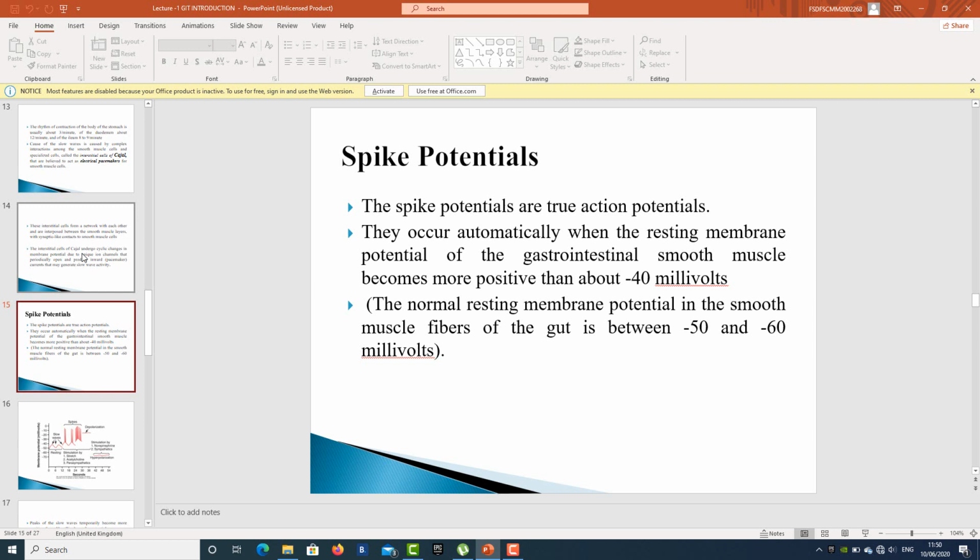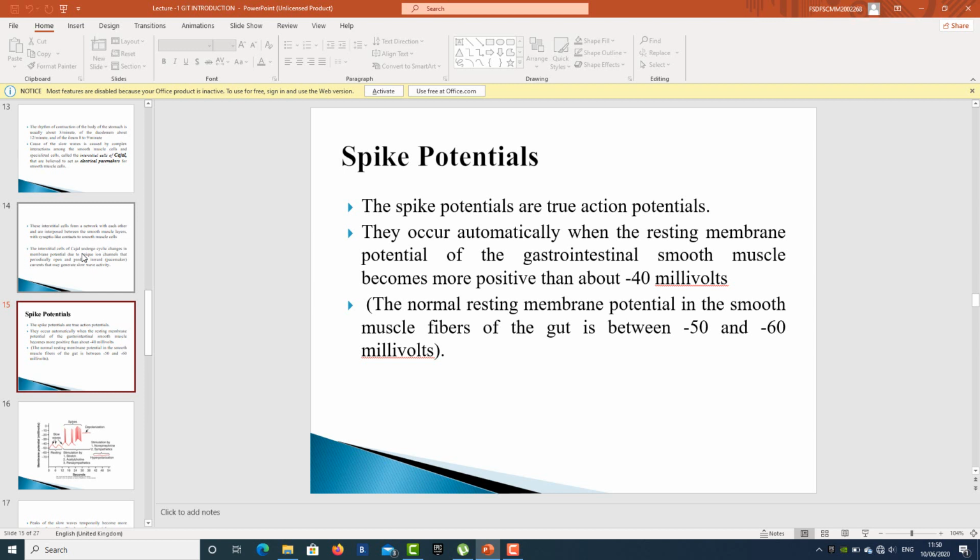Spike potentials. The spike potentials are true action potentials. They occur automatically when the resting membrane potential of the gastrointestinal smooth muscle becomes more positive than about minus 40 millivolts. The normal resting membrane potential in the smooth muscle fibers of the gut is about minus 50 to minus 60 millivolts.